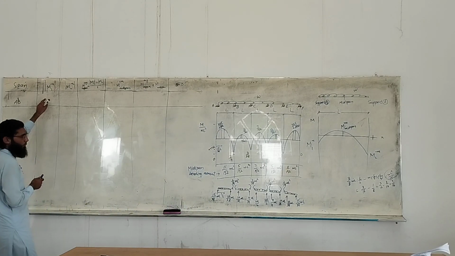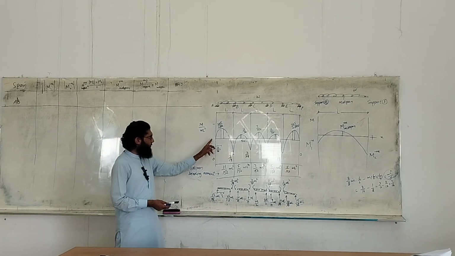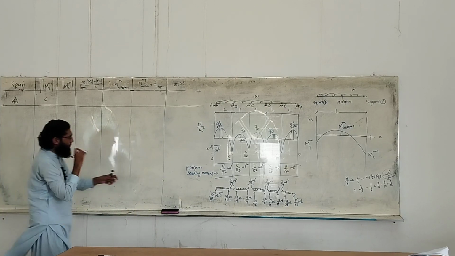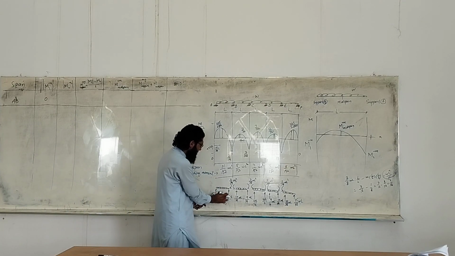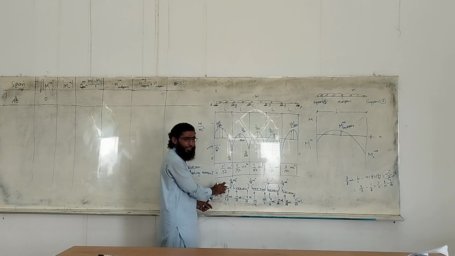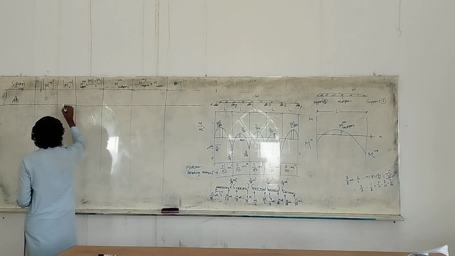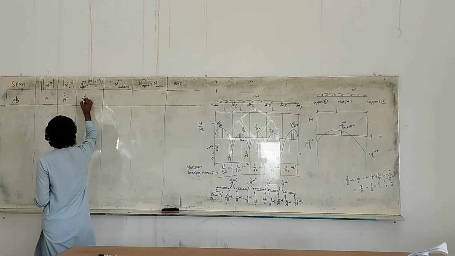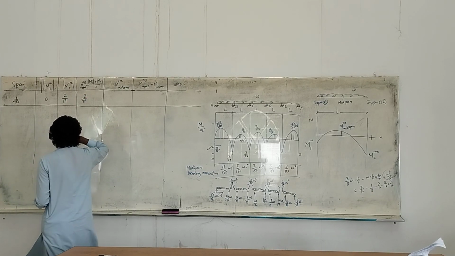AB, what is this value? 0. Okay, negative value 0. B, 2 by 19. Okay, absolute value is 2 by 19. What will be its average? 2 by 38.